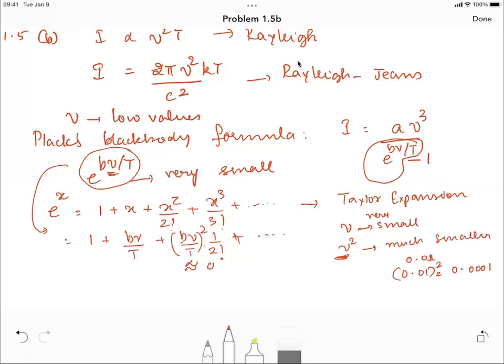By a similar analogy, we can neglect all the higher order terms. So we can approximate this value to just be 1 plus b nu by t, because we're approximating all the higher powers to be equal to 0. Let's box this up.